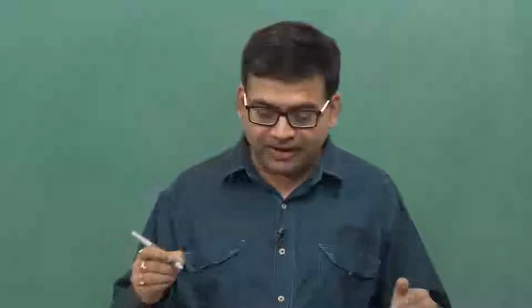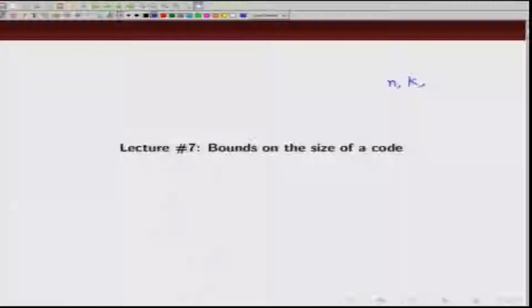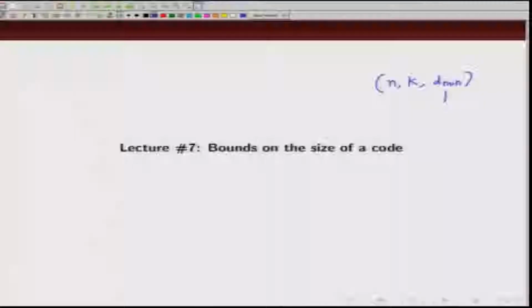So a code, as we know, can be described by parameters n, k and, let us say, the minimum distance of the code. If we specify any two of these parameters, we would like to know what the third parameter would be. For example, if I specify the minimum distance of the code and the information sequence length, I am interested in knowing the minimum n required so that I get this k and d.